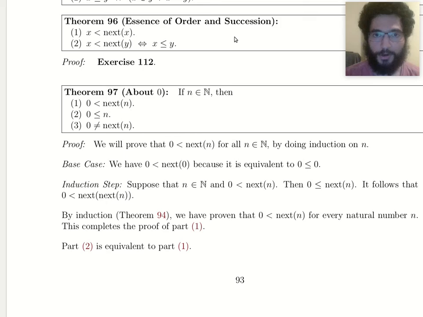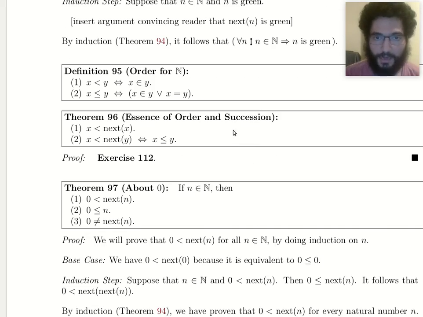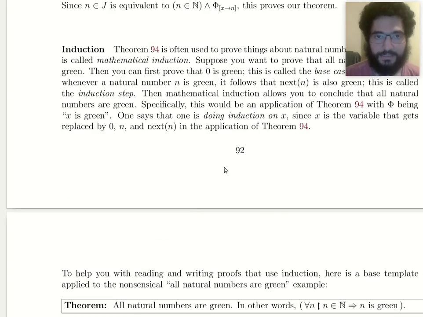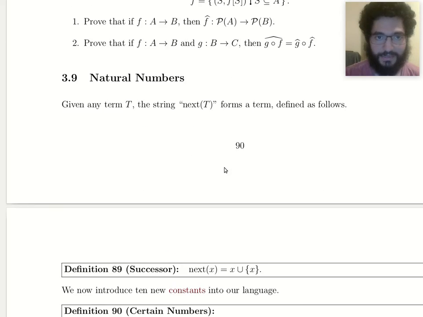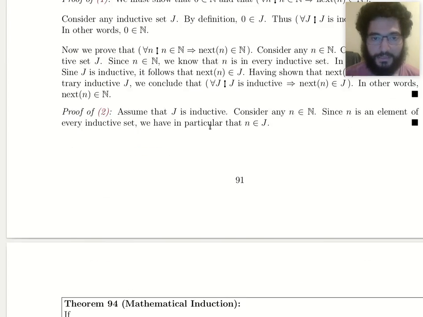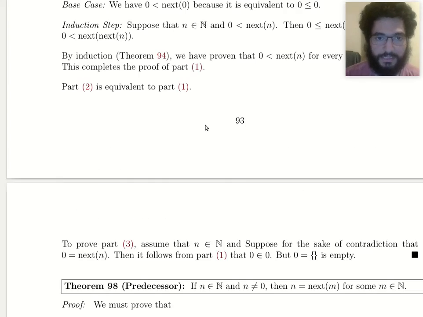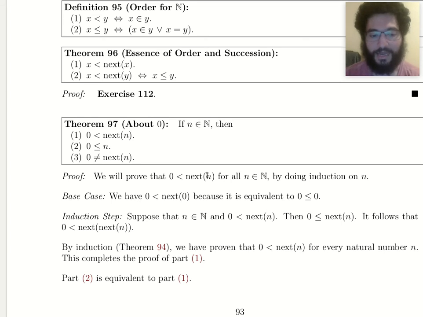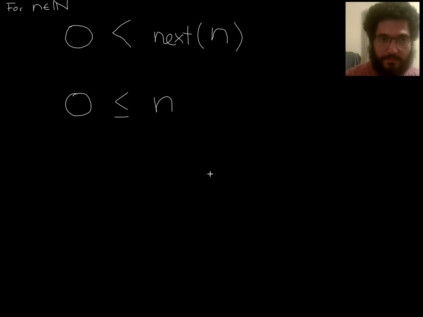So when I use the word predecessor, that's like the opposite of successor. Successor, that's defined up here. Successor means next. So successor is like what comes immediately after. So like 3 is the successor of 2, right?